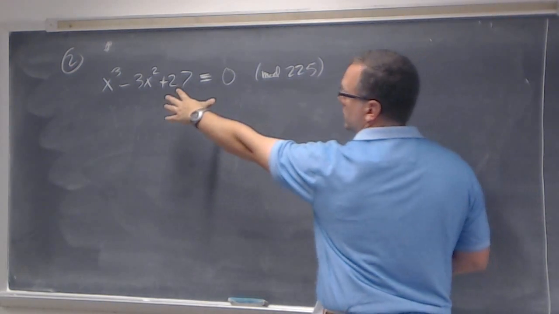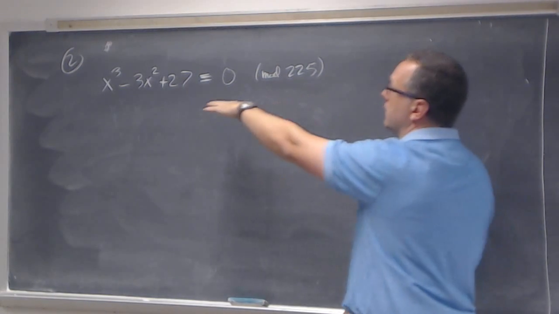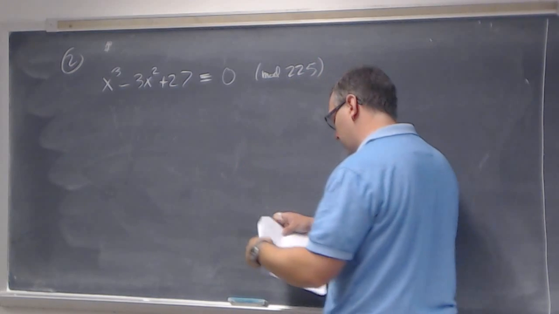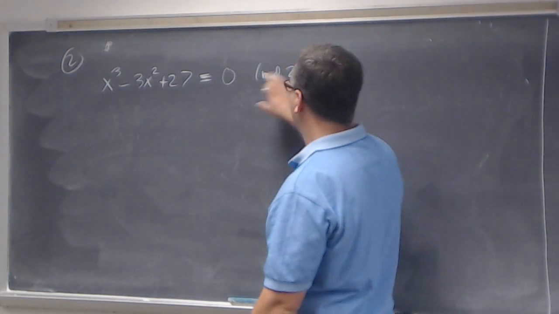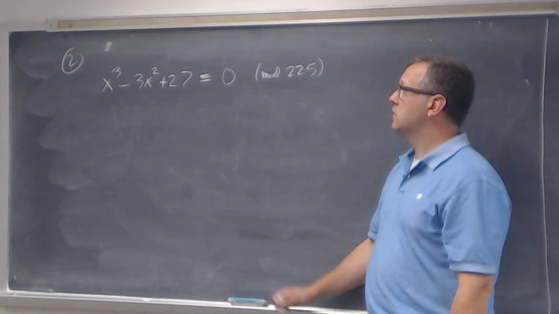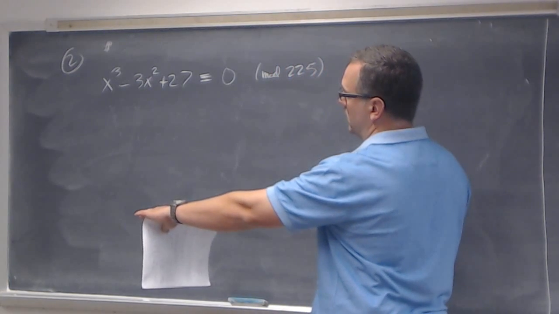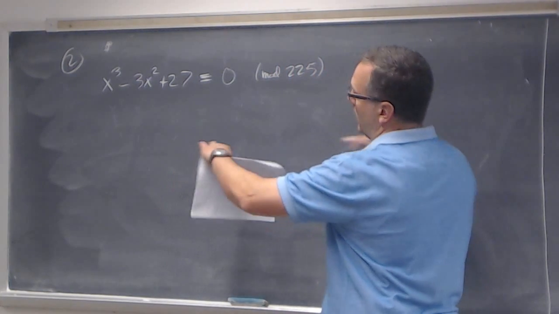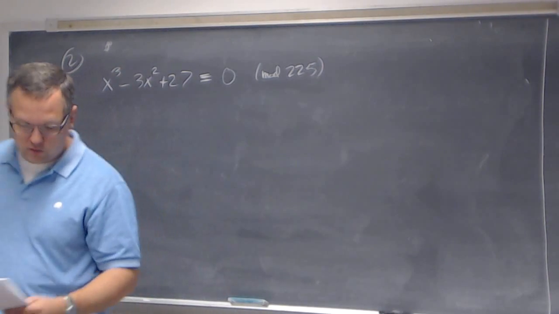If this congruence is not solvable mod 5, then it would not be solvable mod 225. And the other factor, 3: if it's not solvable mod 3, then it's not solvable mod 225 either. So the trick is you solve them mod 3 and mod 5, and then build back up. That's the way to go.